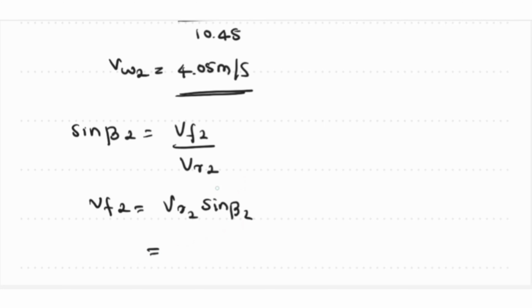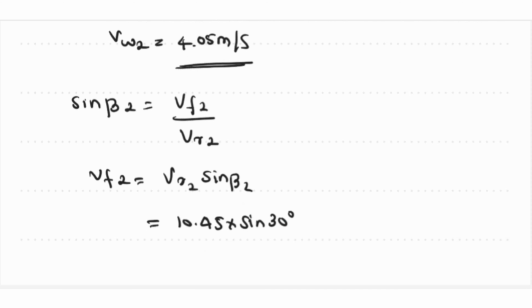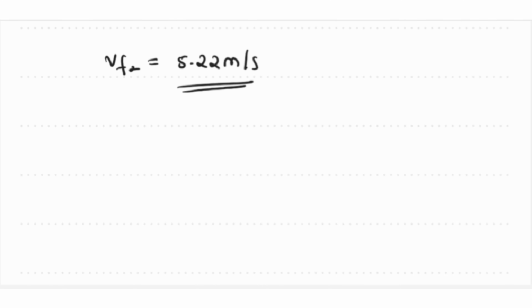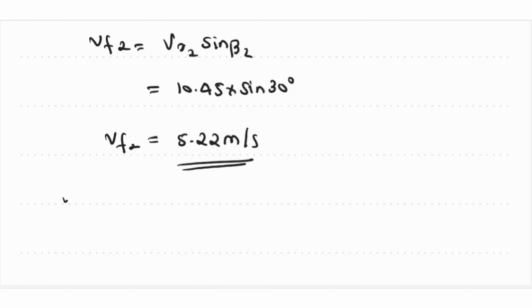Vr2 we have calculated and we got 10.45 into sine of 30 degree. So you'll get Vf2 is equal to 5.22 meter per second.